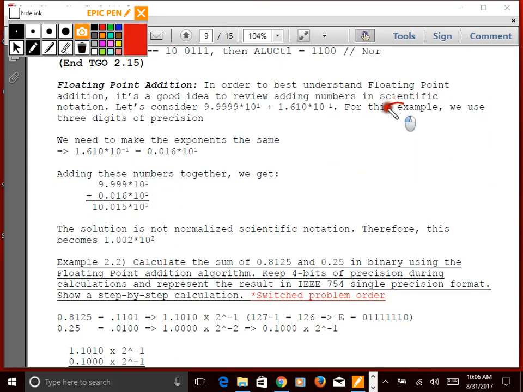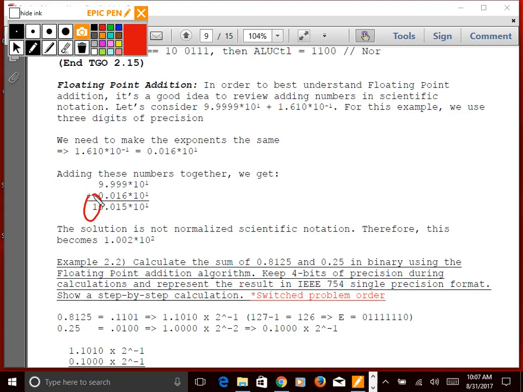So what we're actually doing is 9.99 plus 0.16. Basically, you're now getting 10.15, which is the same thing as that. So what's actually going on here is I'm emphasizing this concept of carry.